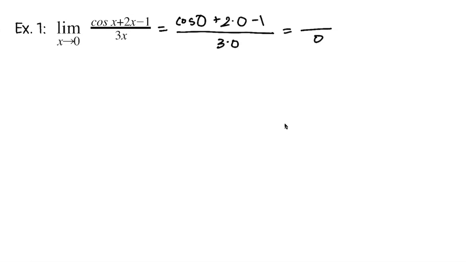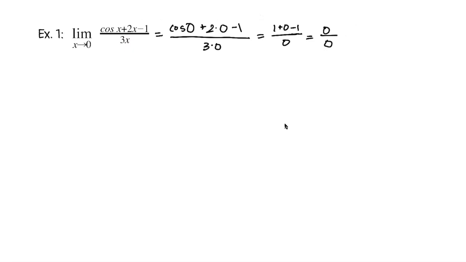Cosine of 0 is 1, so plus 0 minus 1 gives me 0 over 0. So I've got the 0 over 0. That means that I could use L'Hopital's Rule. That's going to be our second method, but we're going to go the long way first, just to get some practice on some foundational limit calculation.